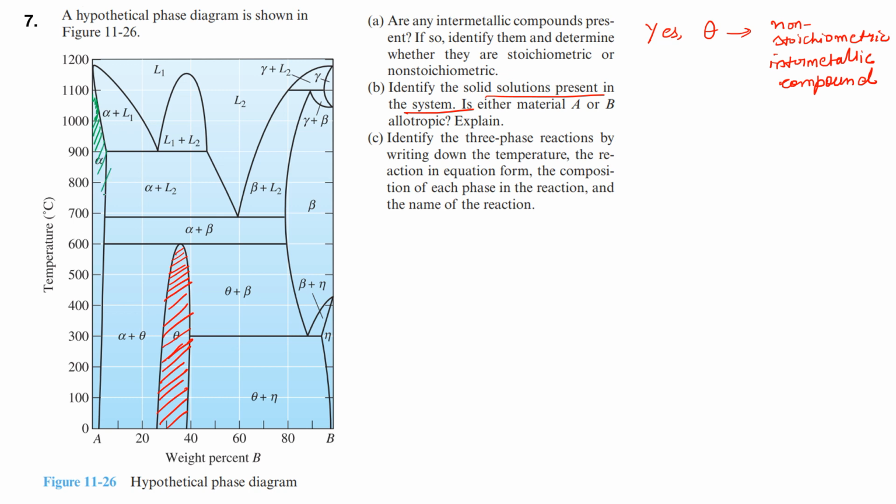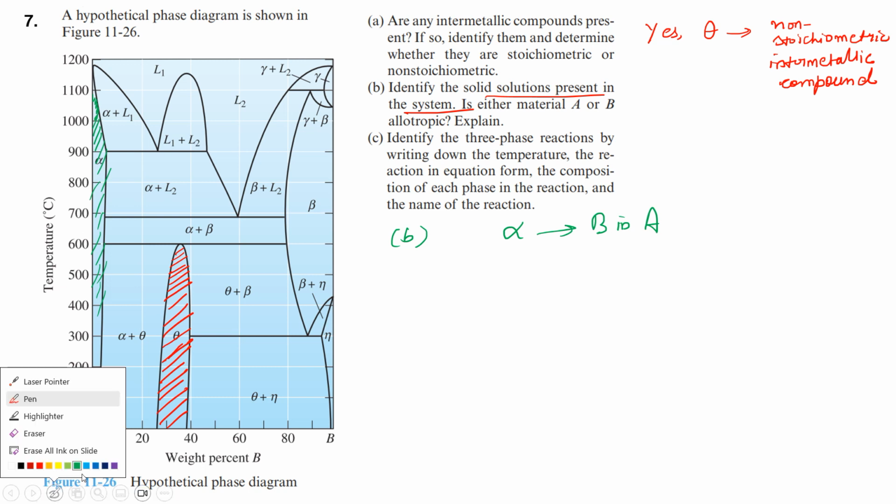So we have alpha, and then we have this phase here, the solid solution of A in B, the eta.